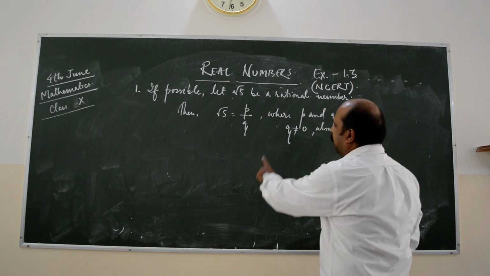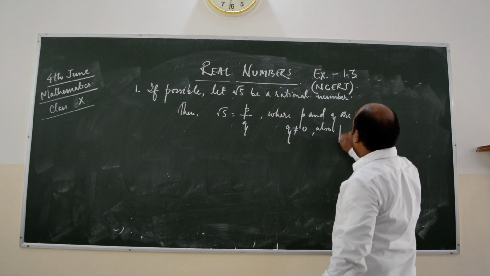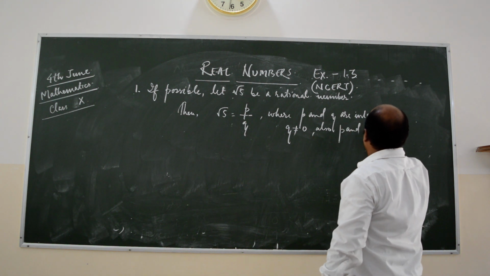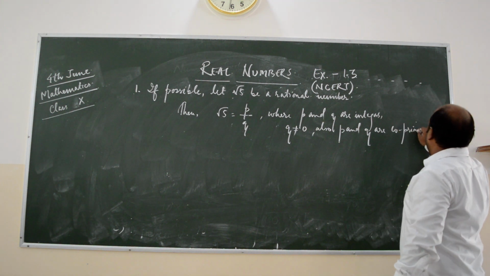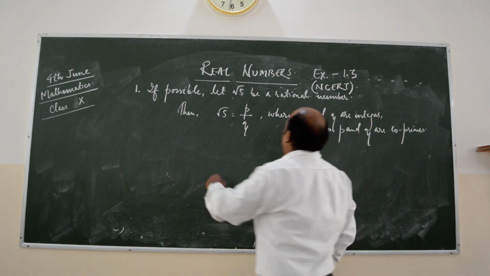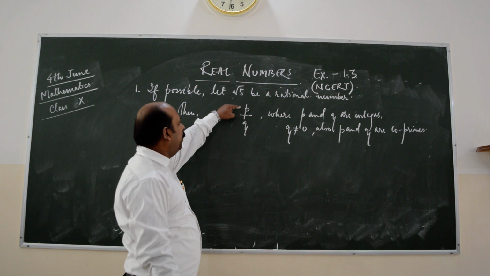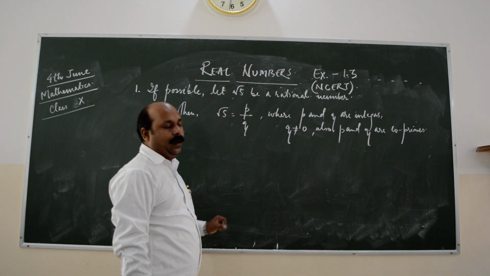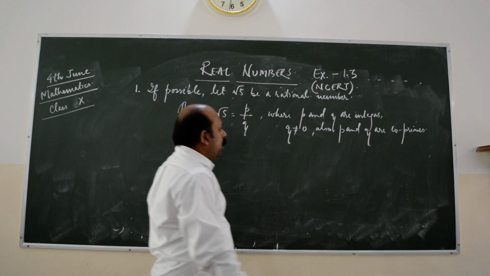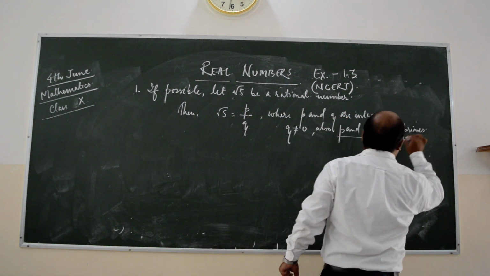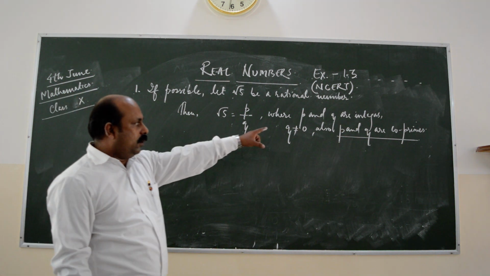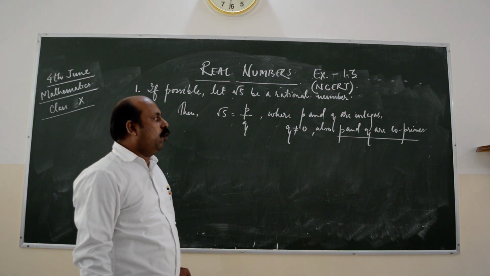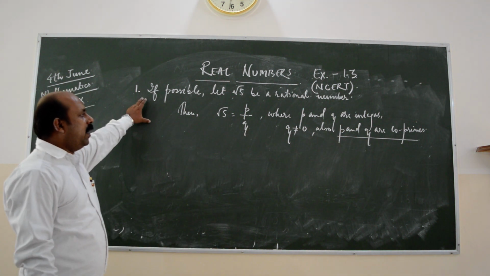Also, we are going to take it in standard form, that is P and Q are co-primes. It means there is no common factor between P and Q other than 1. This is the most important part in the assumption, because the contradiction will be shown on this area only. P and Q are co-primes. So this forms the assumption part.